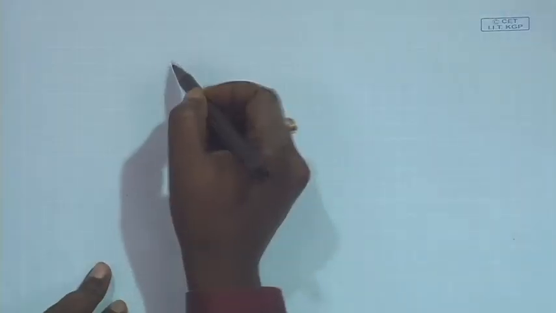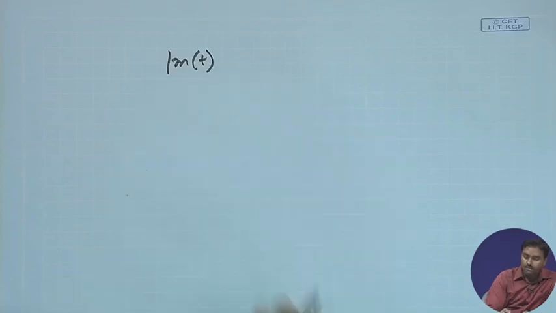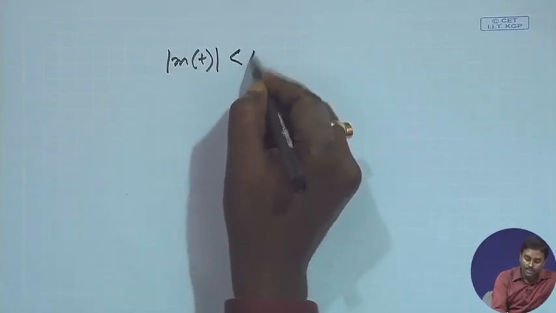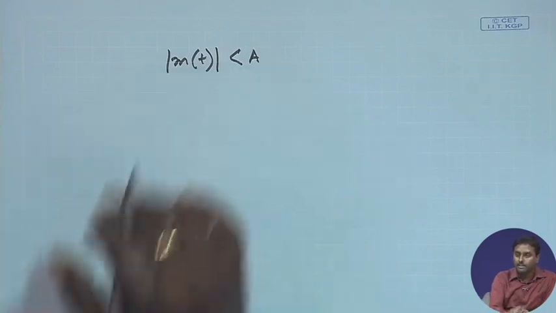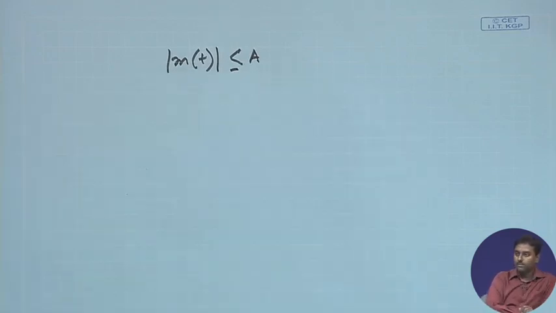For AM also there was a condition, right, that modulation index has to be less than 1, or I need to say that modulus of mt, at least the negative part of it, must be less than a. This condition has to be satisfied always. I was having this condition less than equal to.